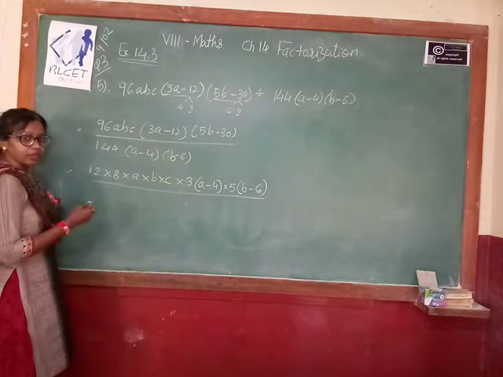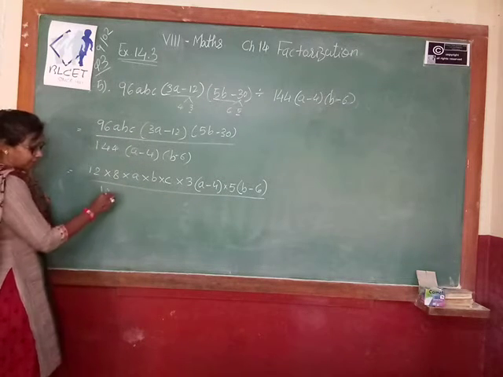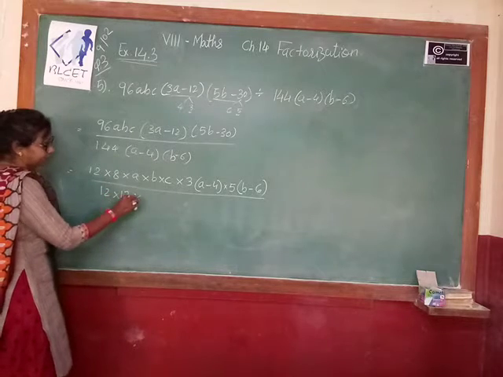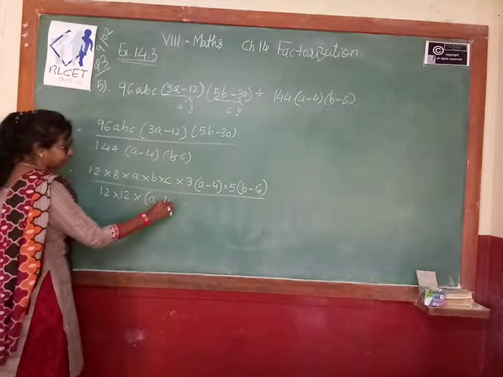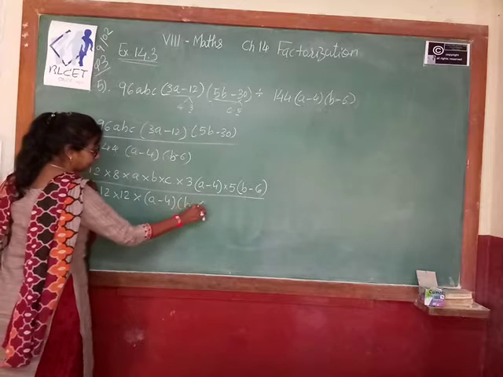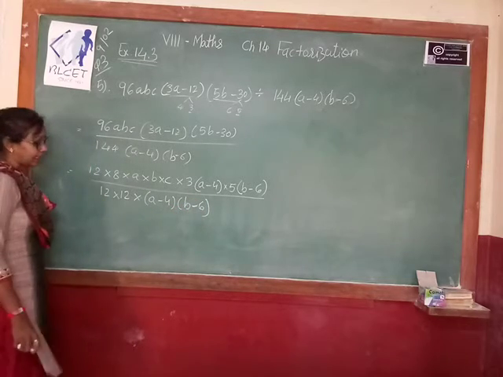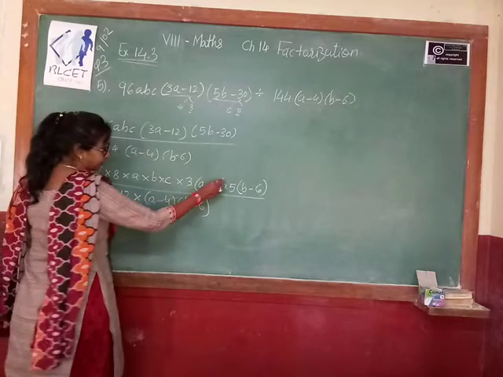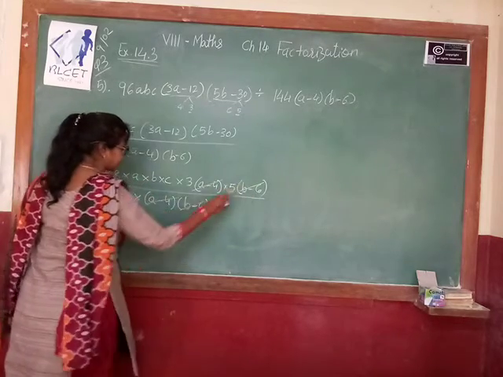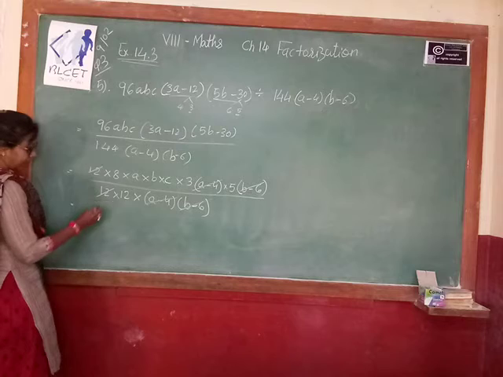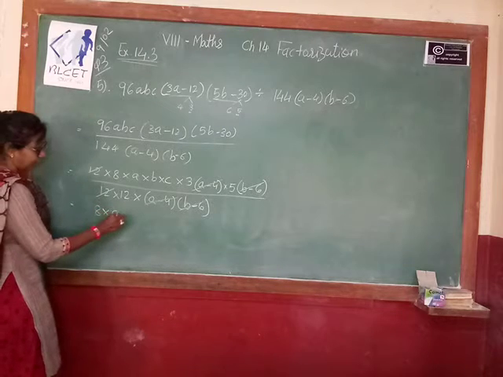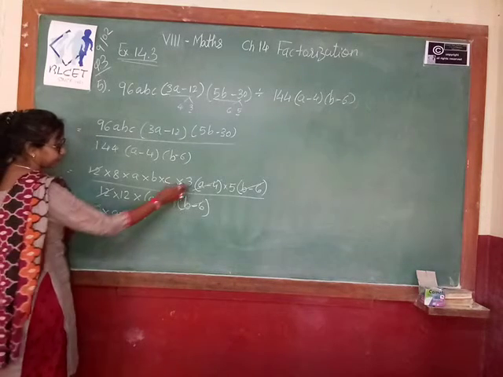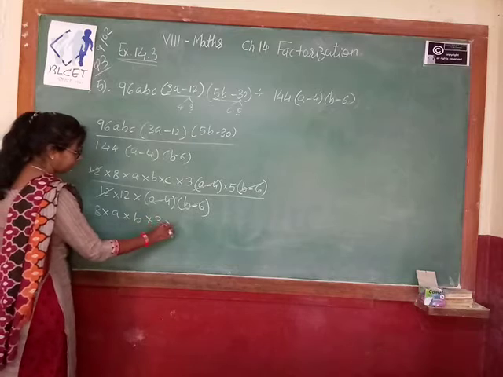We know that 144 is the square of 12. So we can write 12 into 12, (a minus 4)(b minus 6). Okay, now we can cancel one 12. We can cancel a minus 4, b minus 6. Now what is left? 8 into a into b into 3 into 5.